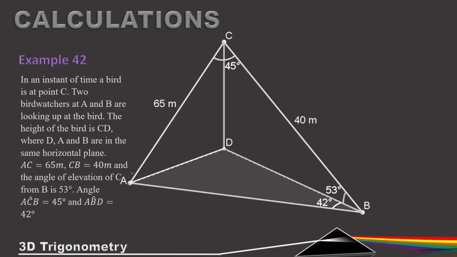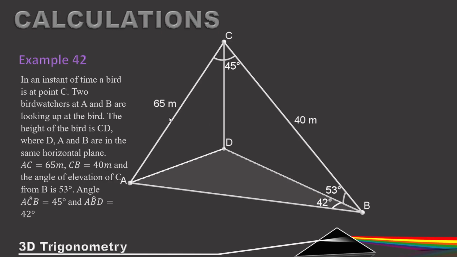Then we've got CB, which is 40 meters. The angle of elevation of C from B is 53 degrees, and angle ACB, that's in this slanted triangle, is 45 degrees, and ABD is 42 degrees.